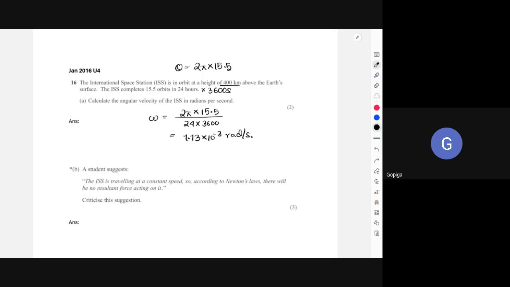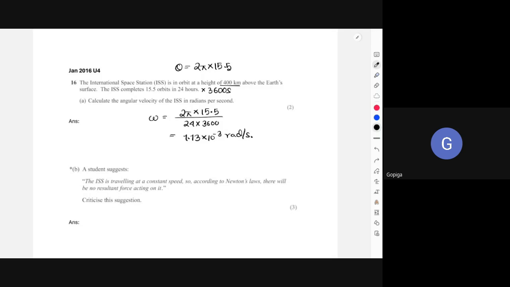So even if it was moving with a constant speed, it was moving on a circular pathway, so the direction was continuously changing. Because of that change in direction, the entire velocity was changing. Velocity is a vector quantity, so it depends on both magnitude and direction.